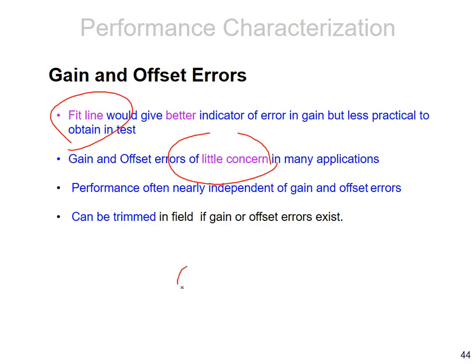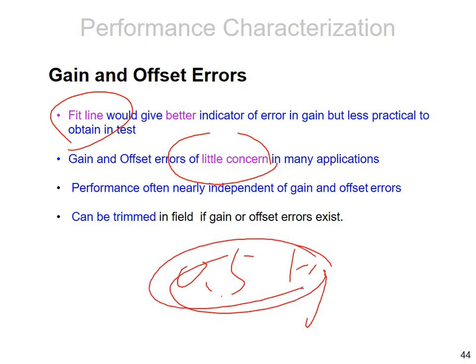If you have 0.5 kilogram of offset, the sellers simply cheat you to get more money from you. So for such kind of reference standard, they cannot have any kind of gain or offset error. Except for that, usually we don't care.